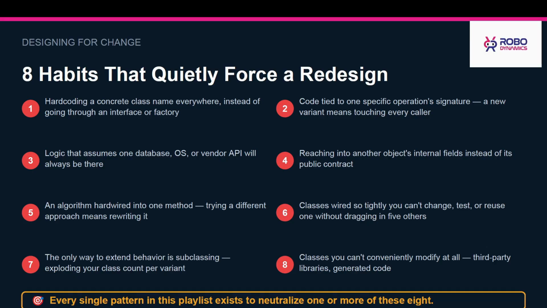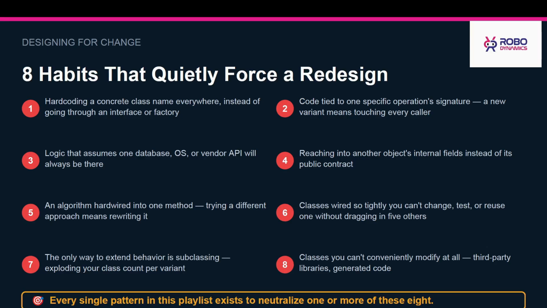So in your projects, if I sum up, if you are directly using classes instead of interfaces and factories, you have to redesign. If the code is tied to one particular method name only, then you have to redesign.